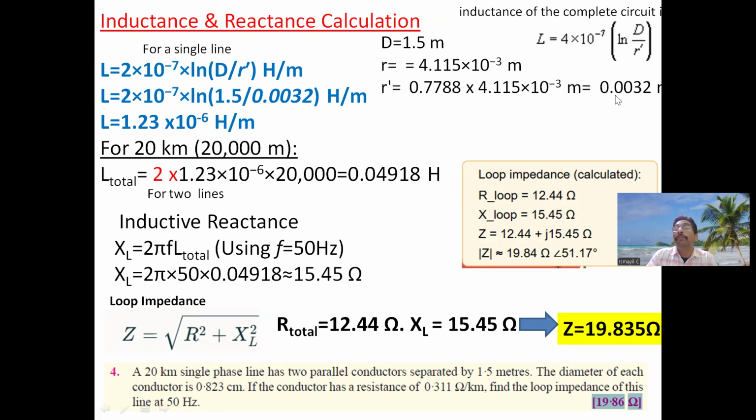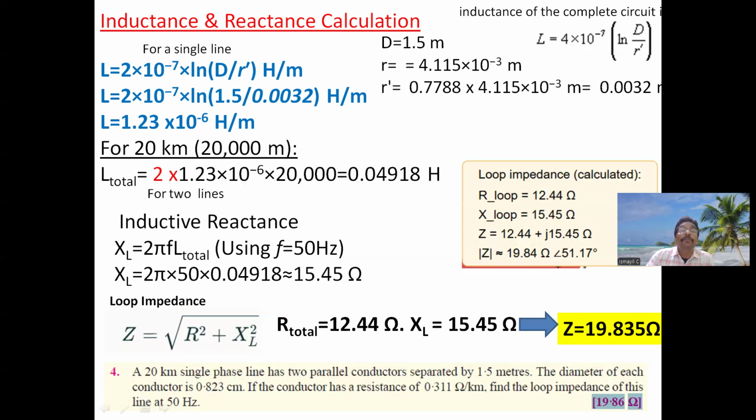So we'll be getting 0.0032 meter. So substituting that value here, we already substituted d is equal to 1.5. Then the value is 0.0032. Now, if you plug these values into a calculator, we will get 1.23 into 10 raised to minus 6 Henry per meter.